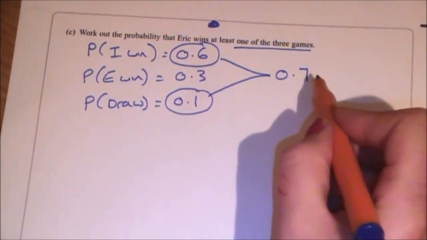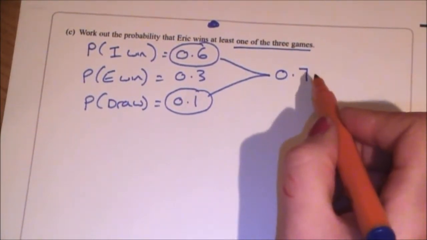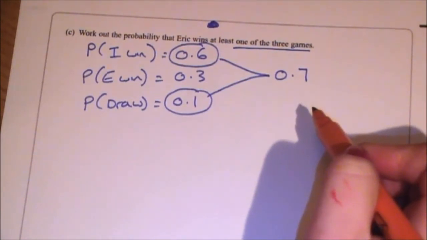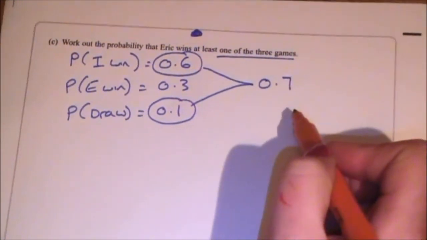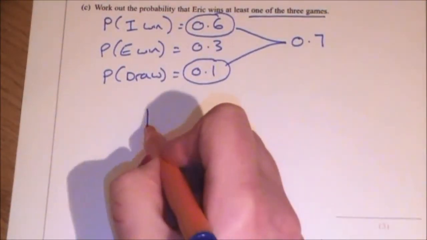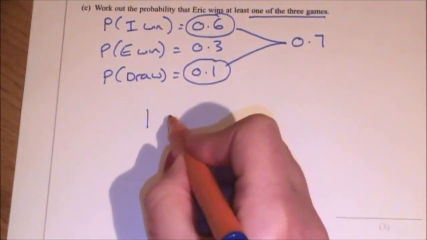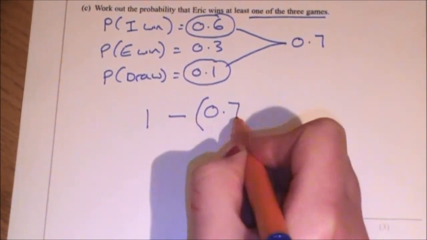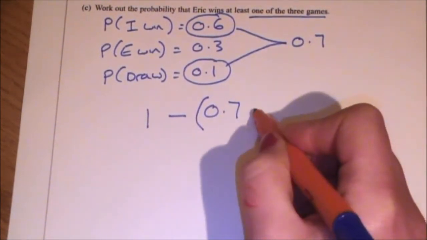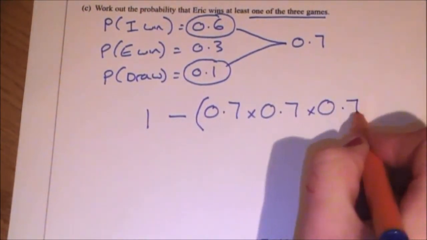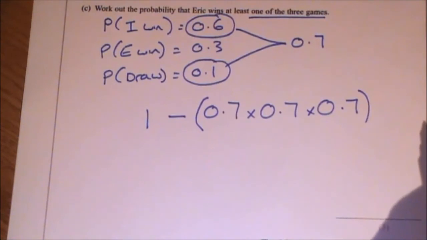Now, how many games are they playing in which he's got a 0.7 chance of not winning? Well, he's playing 3. So that's going to be 1, because it's everything, take away the chance of him not winning times the chance of him not winning times the chance of him not winning.